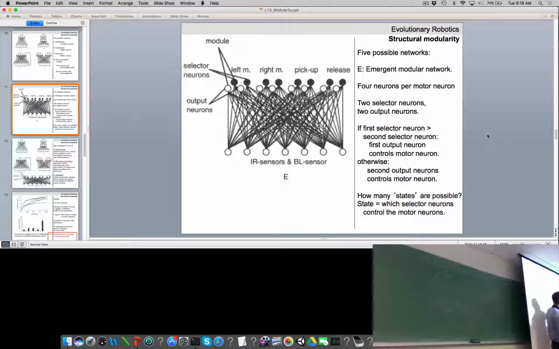We're considering each of these pairs as taking on one of two binary values, 0 or 1. Left is greater than right, or the opposite. So there's 16 possible combinations of these modules. When we evolve these, do you think that the robot or evolution is going to use all of these 16 states?